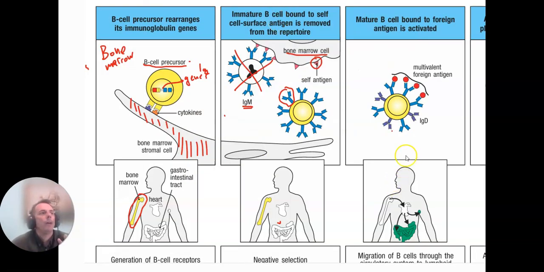Now, in the third phase of development, the surviving immature B cells emerge into the peripheral lymphoid tissues and mature to express, except for the IgM, they now express IgD.